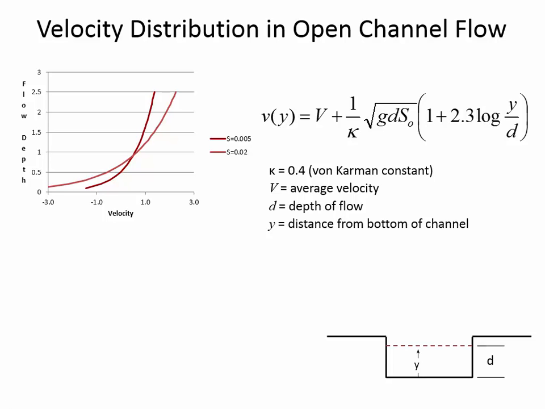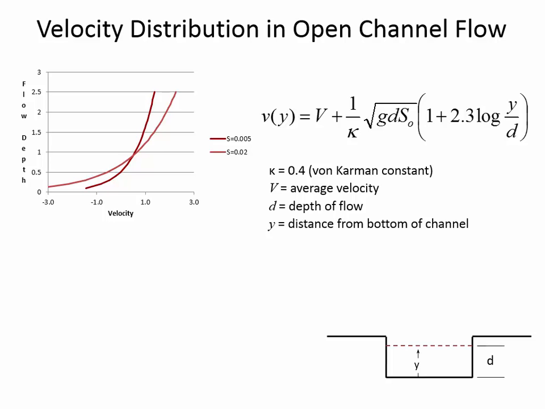Remember, it's at the surface of the water where the water is touching the air that the resistance is the lowest. So if we think about some cross-section like this, a rectangular channel, the water that's at the middle of the channel and at the top is the furthest away from these edges that are applying resistance to the flow.